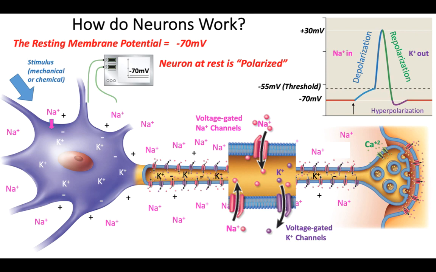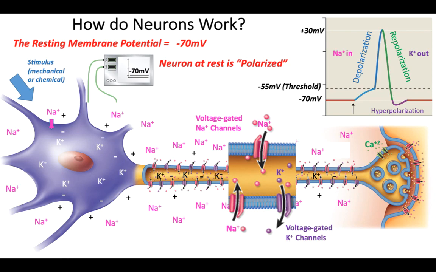I always like to use politics as an example. Democrats and Republicans are often polarized. They're quite a bit different in some of their beliefs. So the reason we call this cell polarized is it's very different on the inside versus the outside. It's negative on the inside, it's positive on the outside. So this cell is said to be polarized.